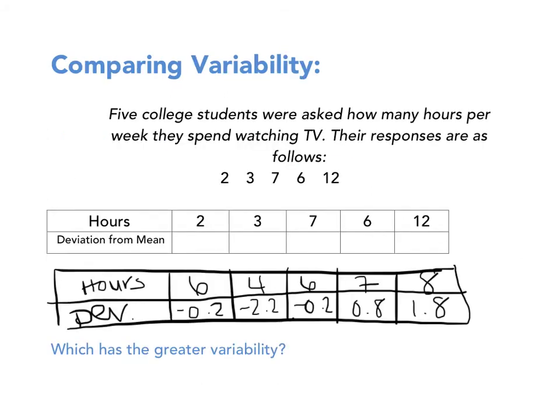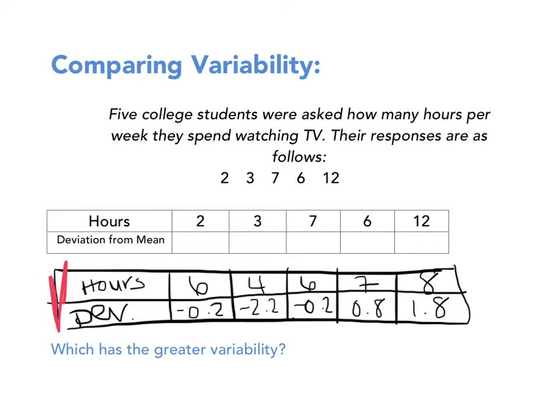So now we're going to look into comparing variability. We have another set of data that we're going to compare to our old data set, which is right here. 5 college students, last time was high school students, were asked how many hours per week they spend watching TV.